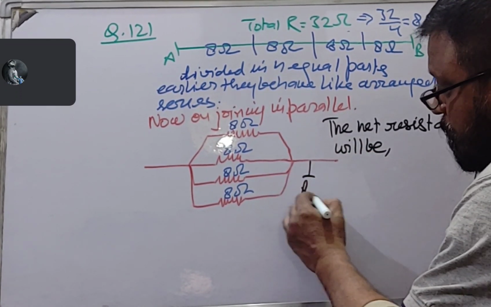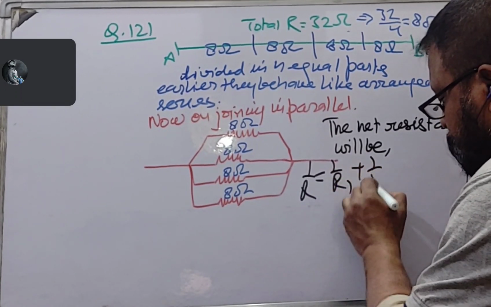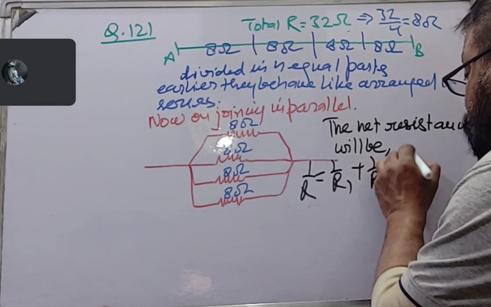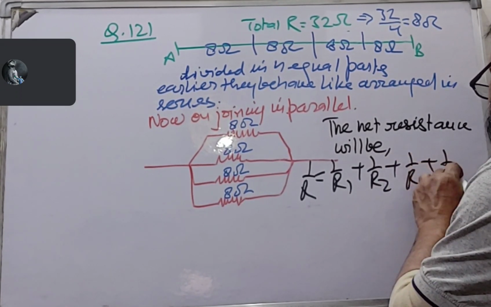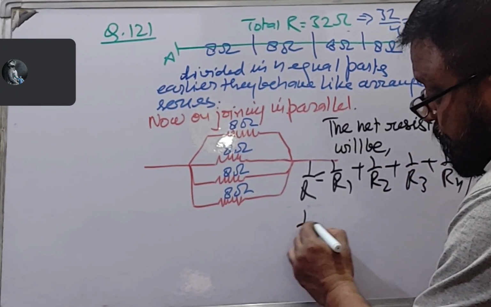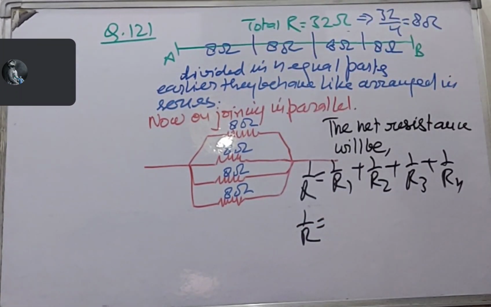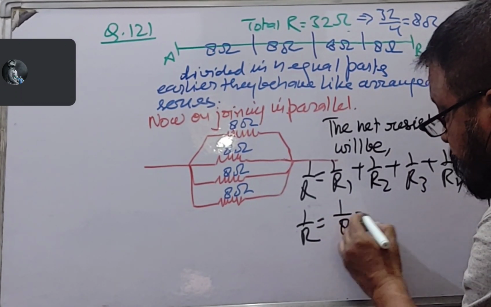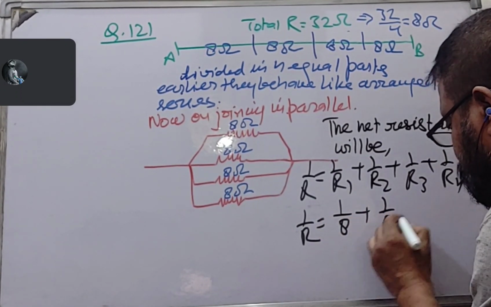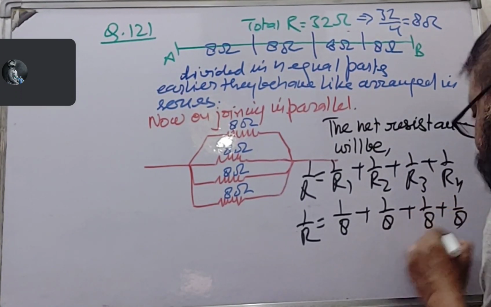1 upon R is equal to 1 upon R1 plus 1 upon R2 plus 1 upon R3 plus 1 upon R4. So we can say that 1 upon R is equal to 1 upon 8 plus 1 upon 8 plus 1 upon 8 plus 1 upon 8.